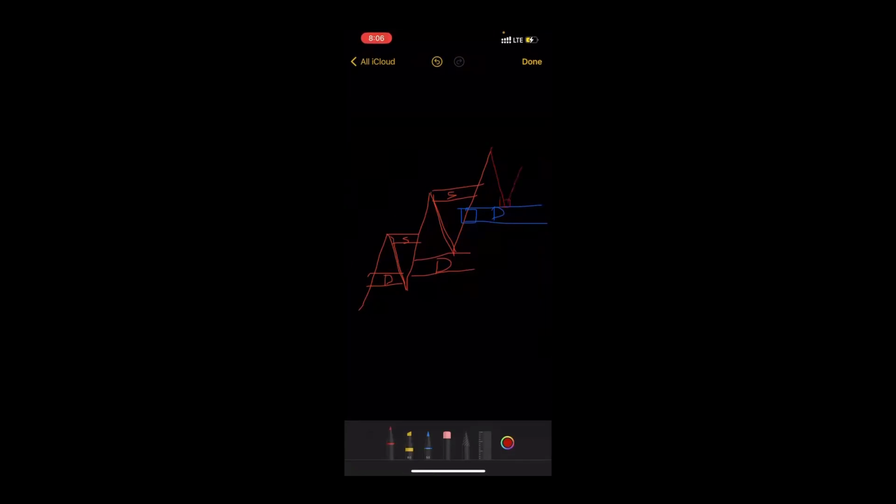But then let's say price goes up and then price immediately goes through our demand. Well, we know that there was demand there, because demand previously broke a previous supply. So watch it moving forward on the blue.